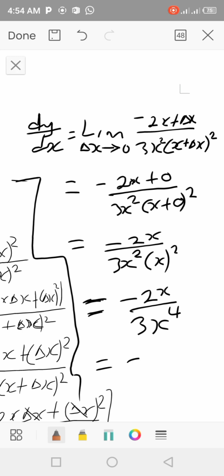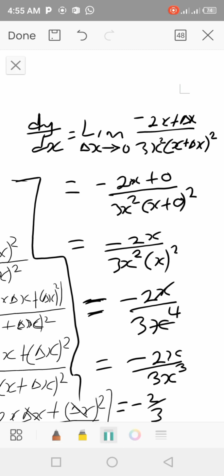So, minus 2x, we have 1x here, cut 1x here. So we have 3x cubed, and that is going to be equal to minus 2 over 3. Sorry, no more x here because we have cut it.